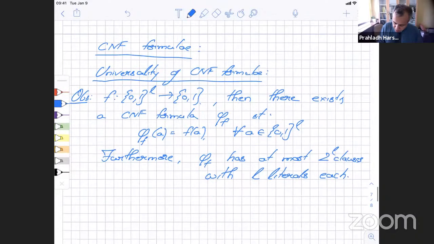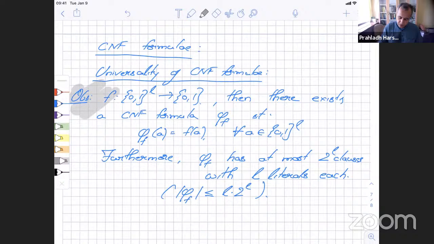Write this in compact form, stating that the size of phi of f is less than L times 2 power L. So now, with the furthermore, it should be evident.